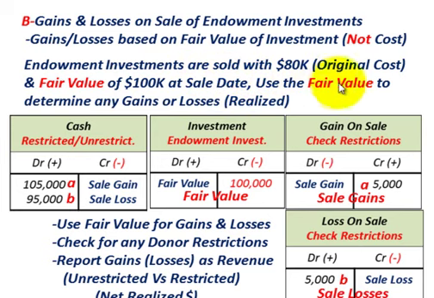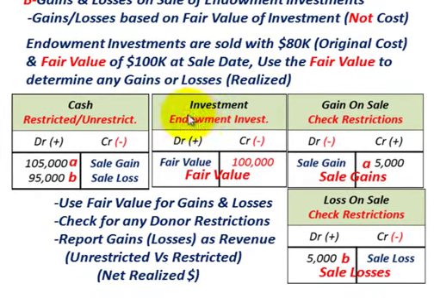Now this is where we're going to use the fair value to determine any gains or losses that would be realized. So in our investment account for the endowment investment, let's just say we sold them for $100,000. So we credit or reduce our investment account by $100,000, the fair value of the investment, not its original cost.